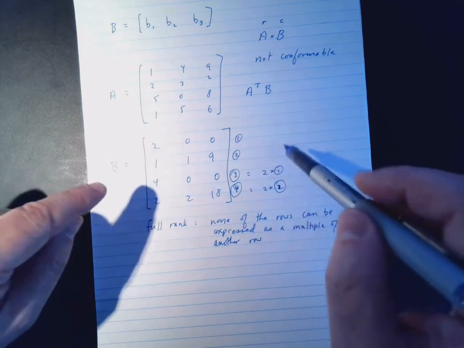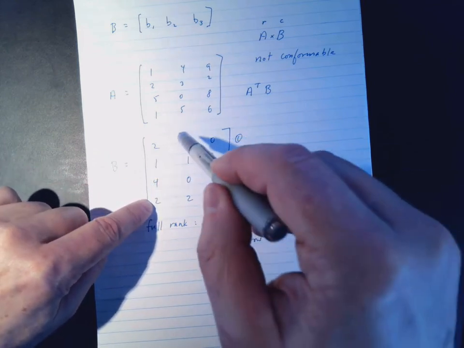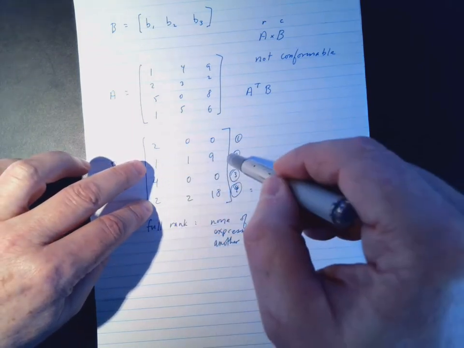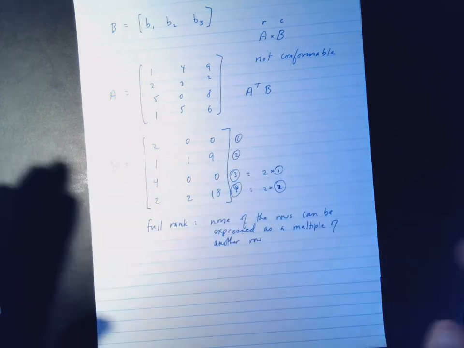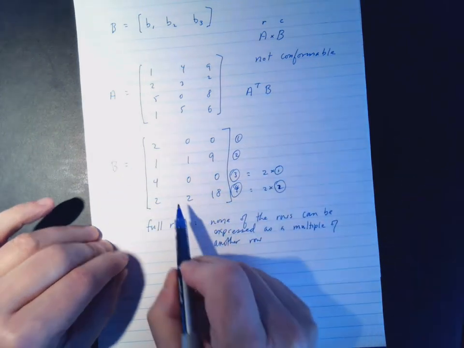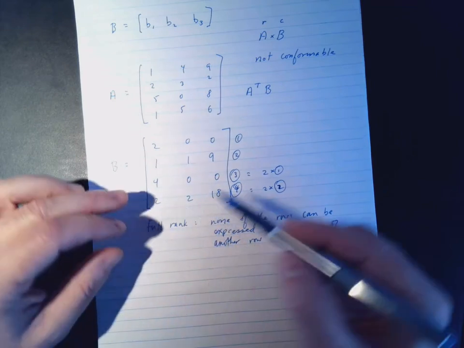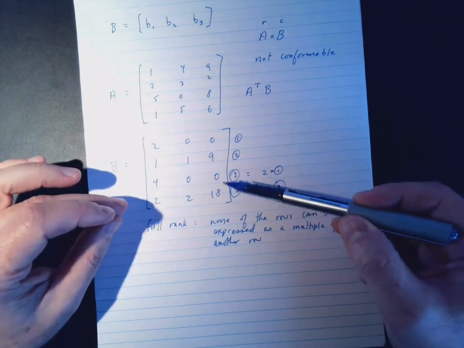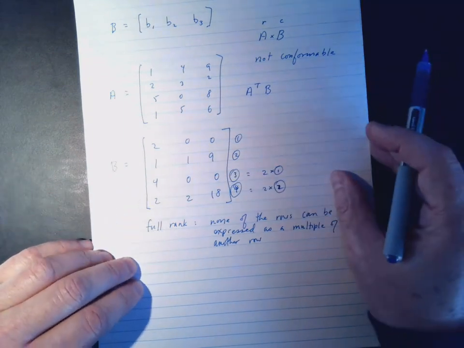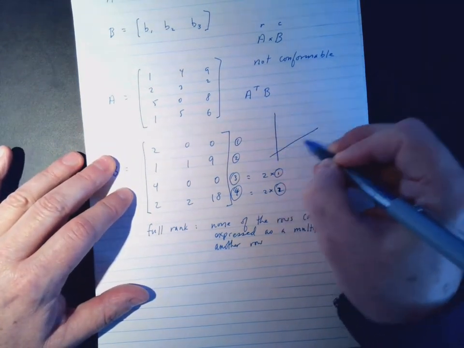So if it turned out that row 4 here was 2 times row 1 plus 3 times row 2, that would also violate the full rank condition. So what we want is a situation where you can't express one row as a linear combination of any of the other rows. Now, if we draw a picture here, I'm going to have to do this in 3 dimensions.